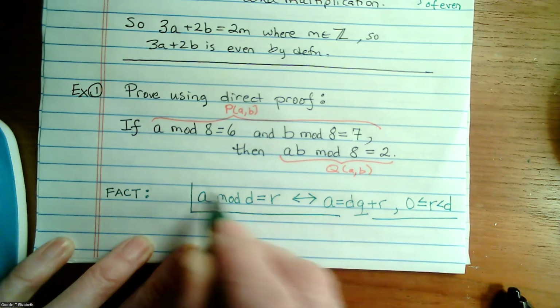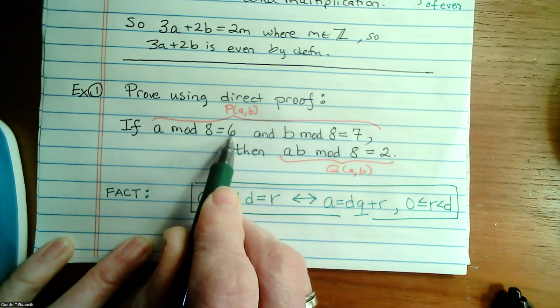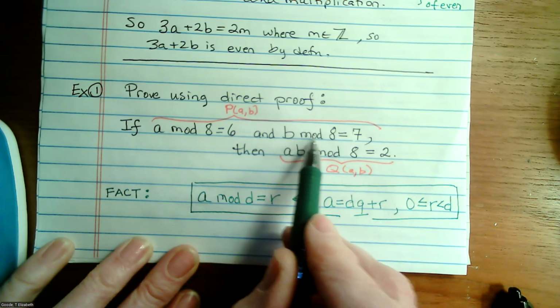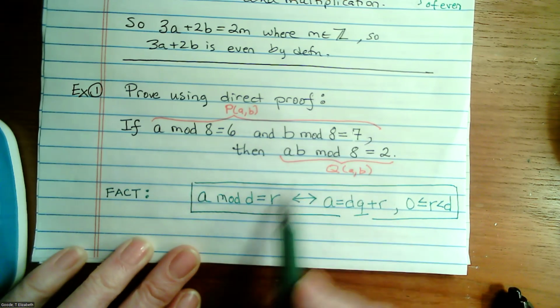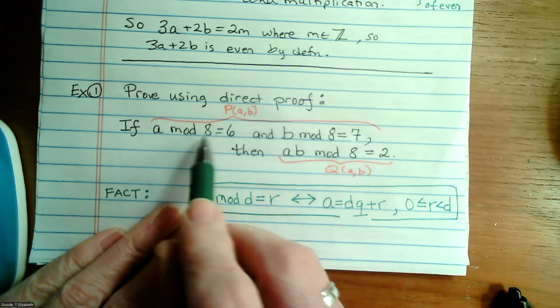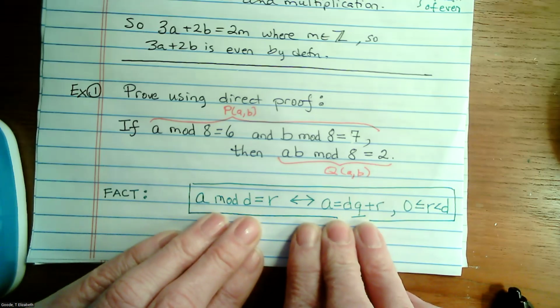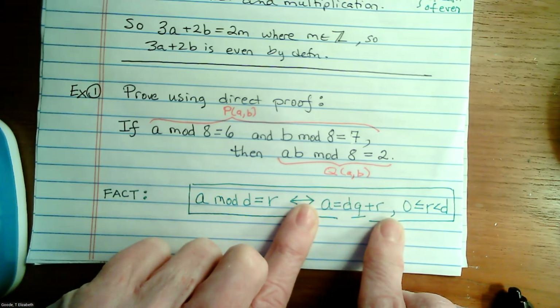So when you see that A mod 8 is, R is 6, and we see that B mod 8 is 7, we can translate these hypothesis facts using this fact into equations.